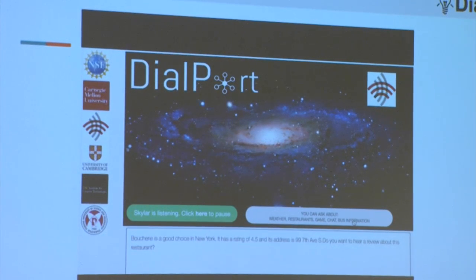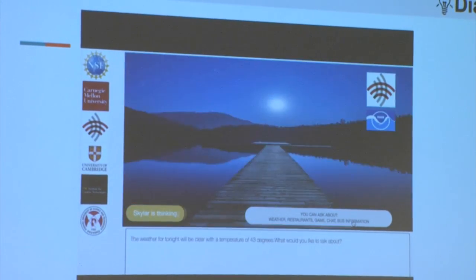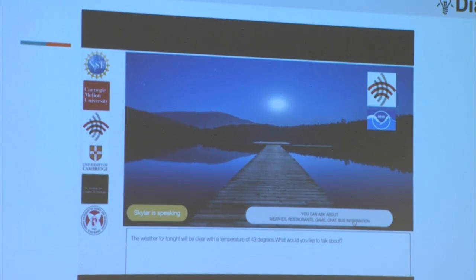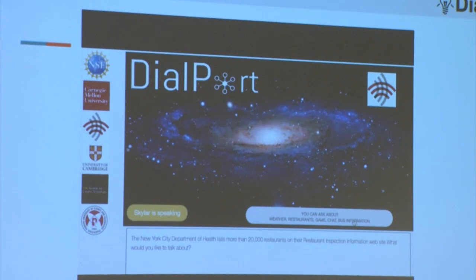What's the weather going to be tonight? The weather for tonight will be clear with a temperature of 43 degrees. What would you like to talk about? How many restaurants are there in New York? The New York City Department of Health lists more than 20,000 restaurants on the Restaurant Inspection Information website. What would you like to talk about?